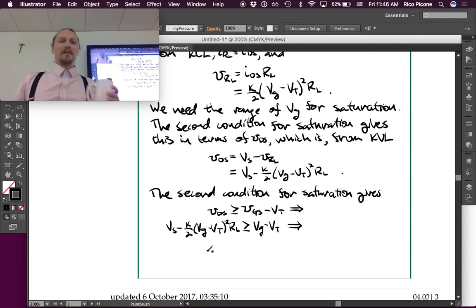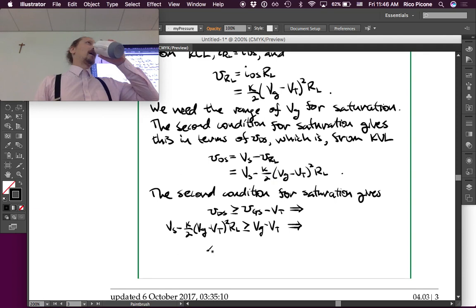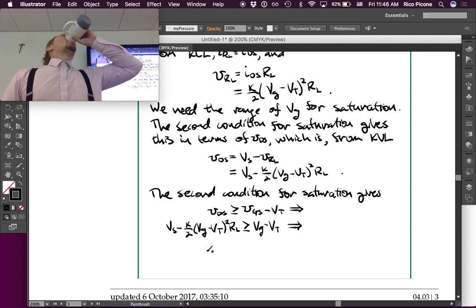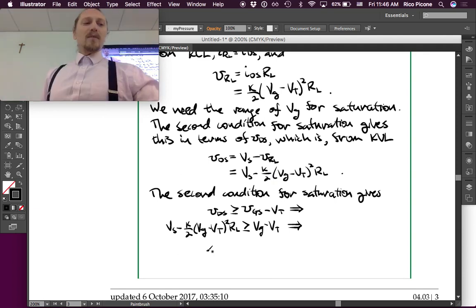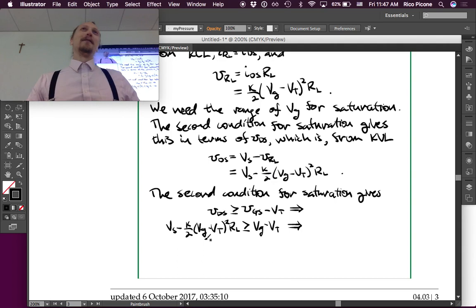So I actually just punted and used Mathematica, because I don't trust my algebra at 4 a.m. Quite frankly, I don't trust my algebra anytime, but 4 a.m. especially, it's bad.